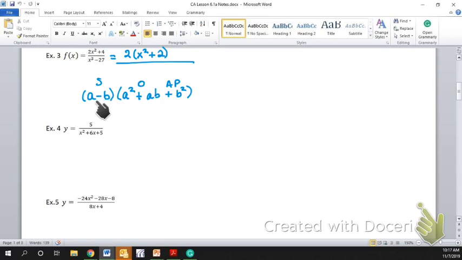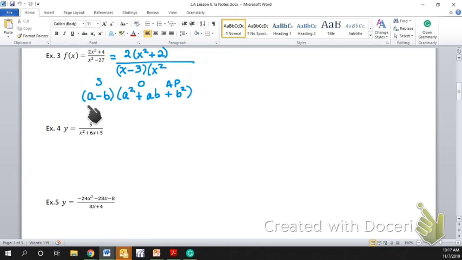Okay, so A is the cube root of x cubed, and B is the cube root of 27, which is 3. So x minus 3, that's my A minus B. My A is an x and my B is a 3. So what's A squared? x squared.